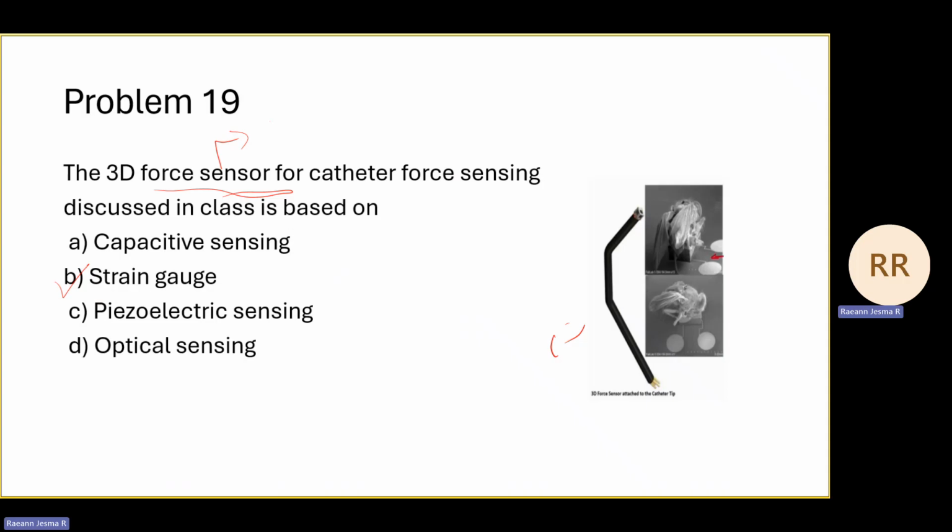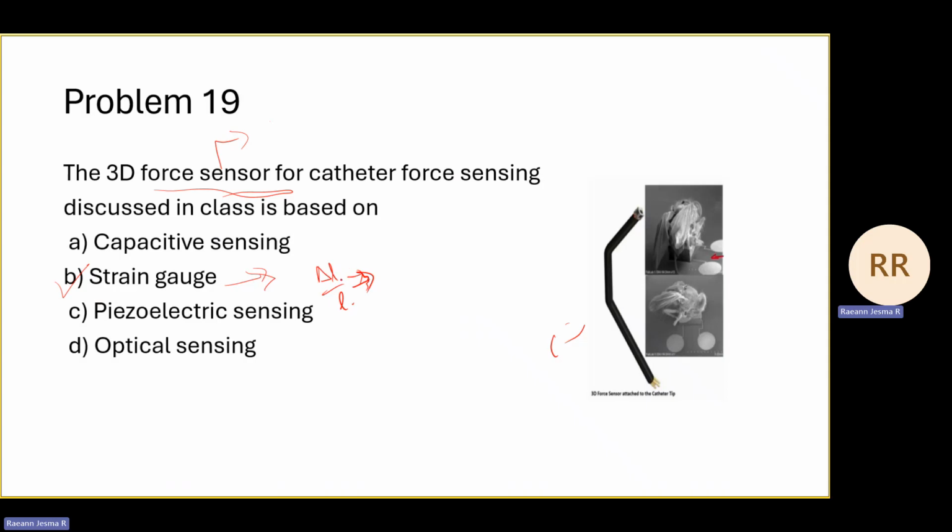So what is a strain gauge? A strain gauge can be used to measure the strain of a particular material. Strain is the change in length divided by the original length. Not only do we have metal based strain gauges, we also have semiconductor based strain gauges which work on piezoresistive sensing.